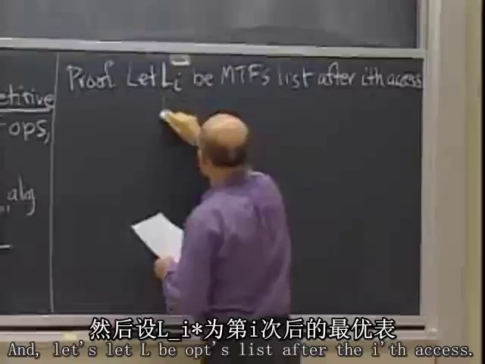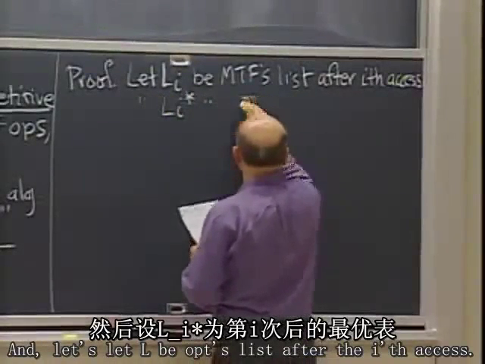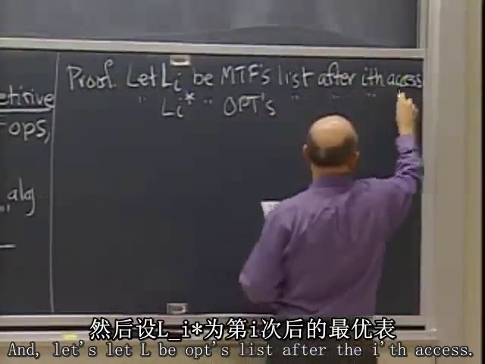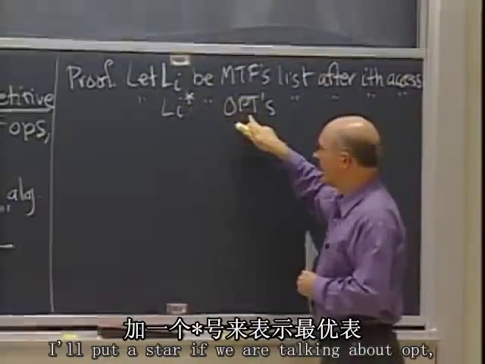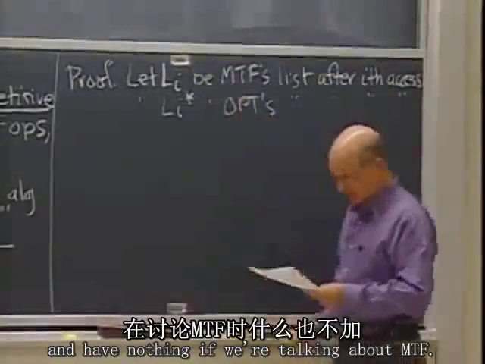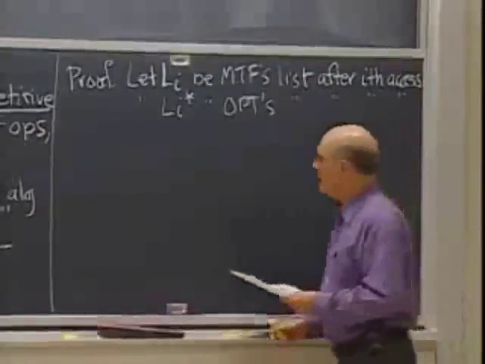And let's let L sub i star be OPT's list after the ith access. Okay, so generally what I'll do is I'll put a star if we're talking about OPT and have nothing if we're talking about MTF. Okay? So that's going to be the list.